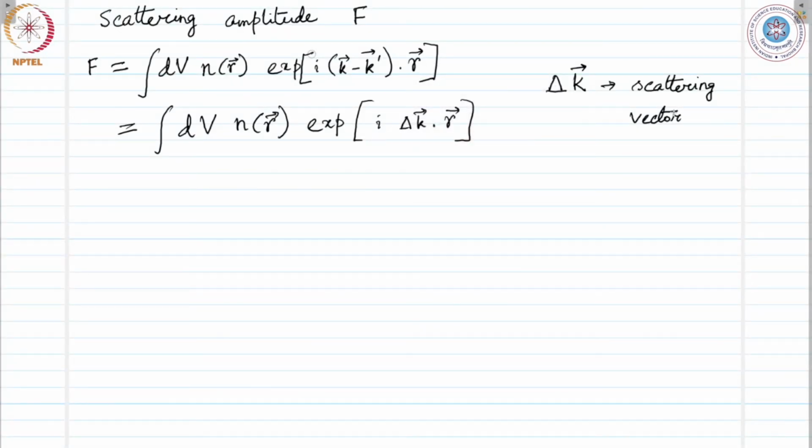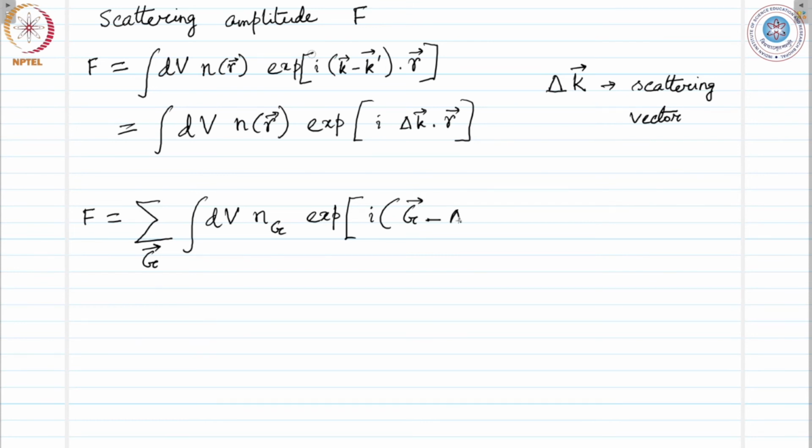Now if we write n(r) in terms of the Fourier series, we can write F equals sum over G integration dV n_G exponential of i (G minus delta k) dot r.